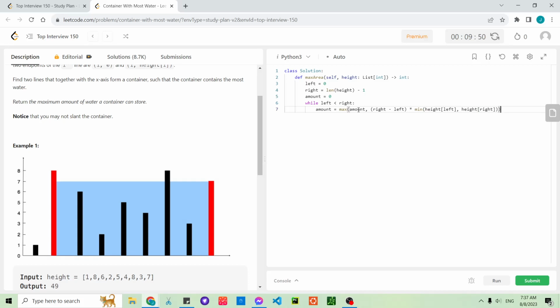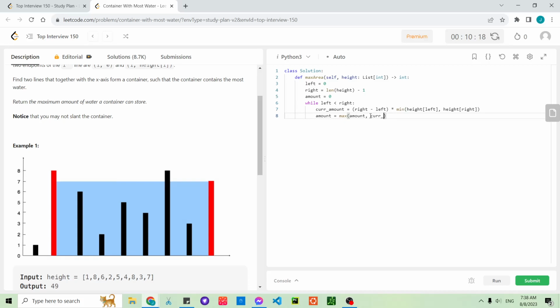Maybe this is not super clear. Yeah, let's move that out. Let's call this volume. It's actually current amount. Maybe that's better. Current amount is this times the lower one of those two.